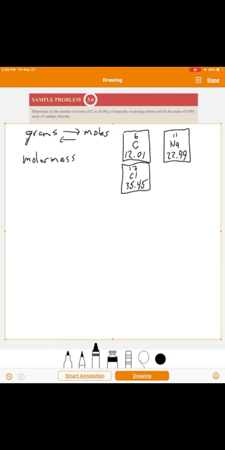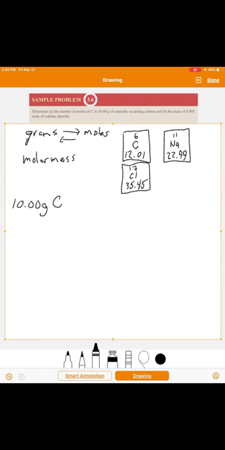So let's start with part A. We have 10 grams of naturally occurring carbon. So we're going to take the given piece of information, which is the 10.00 grams of carbon, and we want to find the number of moles. So we're going to do a conversion to moles.